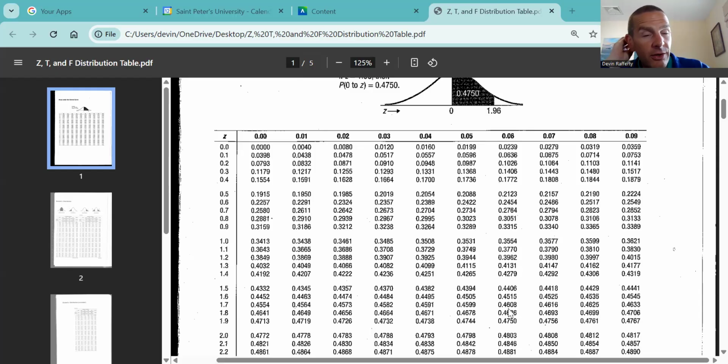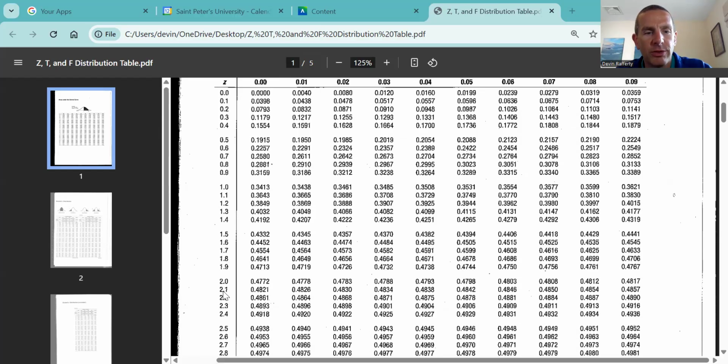So for us, we have a z-score of 2.4. 2.4 can be broken down into 2.4 and 0.00. I started us off with an easy one. So for 2.40, we go down here: 0.1, 0.2, 1.5, 1.6, 1.7, 1.8, 1.9, 2, 2.1, 2.2, 2.3, 2.4. So we have 2.4 and 0.00.